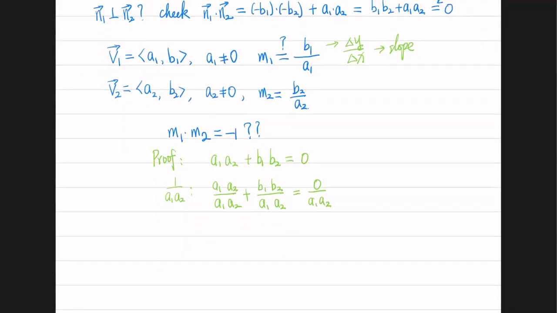Now let's simplify. What's the first term? It's basically 1. What's the last term?